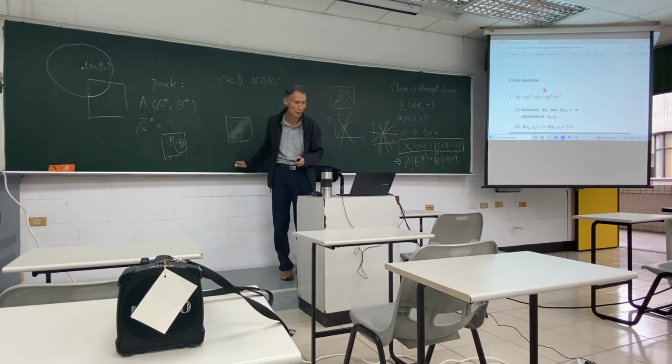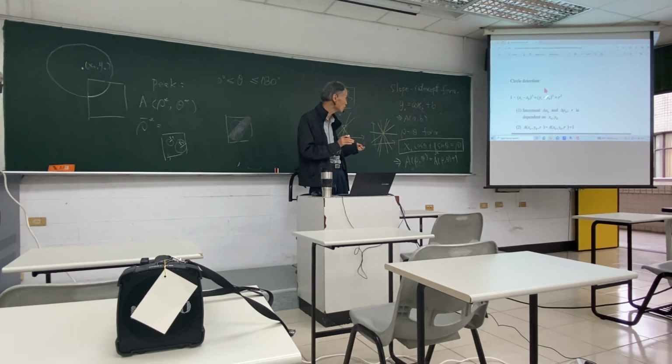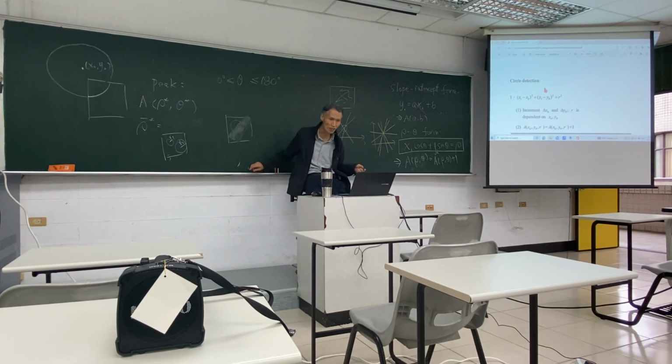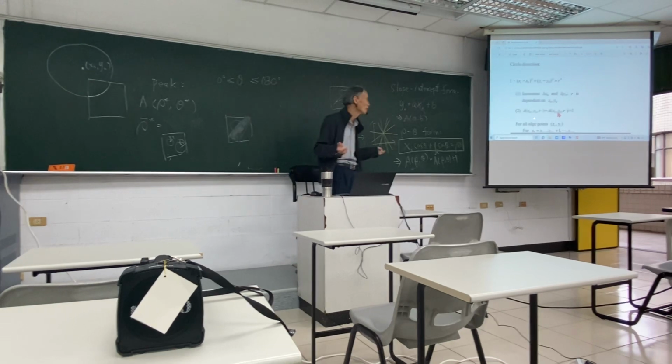That's the idea. But again, most of the time we don't use this equation. We use another equation. But that's the idea. So for this case, we need a three-dimensional array accumulator that includes the coordinates of the center x0, y0, and the possible radius.